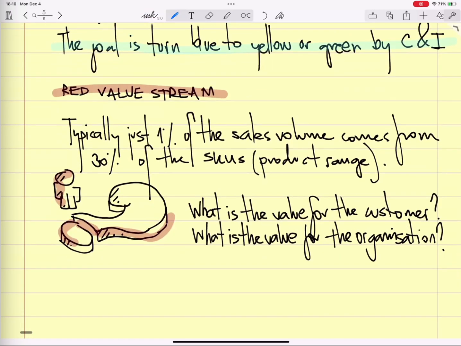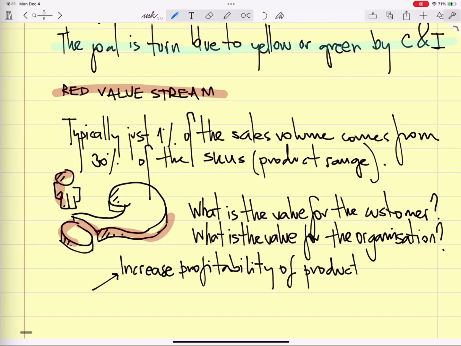And here you have two options. You either increase the profitability of the product, turning red to blue at least, or you get rid of the product. So you fire your customer.